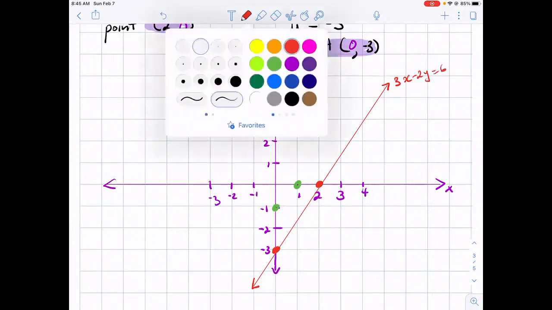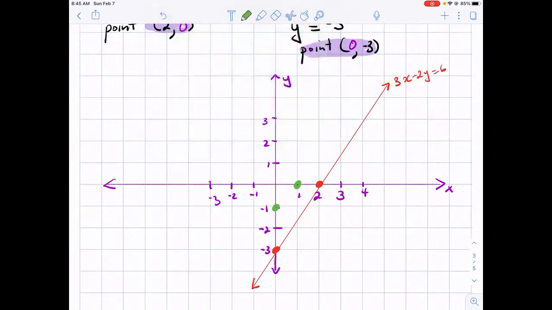And if I try to redraw my green line, still a little bit off.